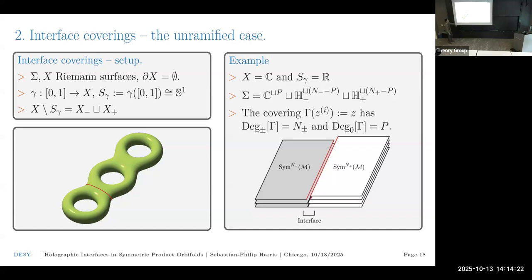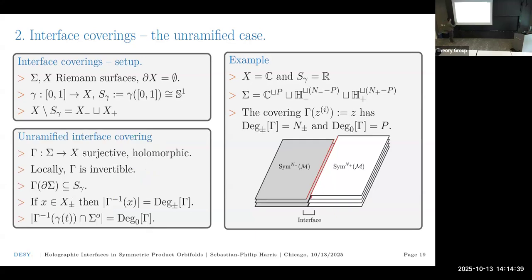And the idea is then, of course, that we want to put the interface on this circle and then consider the different symmetric product orbifolds on the two disconnected components. Okay, but right now I'm just talking about covering maps, and the types of covering maps that I want to look at are again some surjective holomorphic maps between sigma and X that are locally invertible.